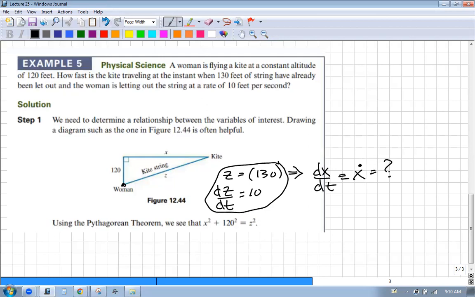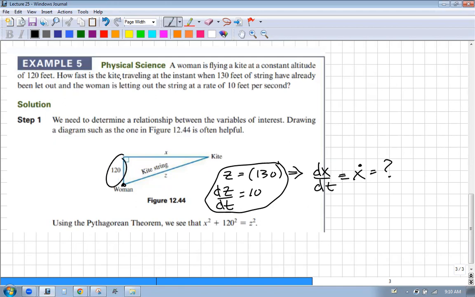That's what they're asking for. They're telling us when the string is this long and is being let out at this rate, how fast is the kite moving? Well, we have a right triangle here. Anytime you have a right triangle, which is always, start with the Pythagorean theorem.